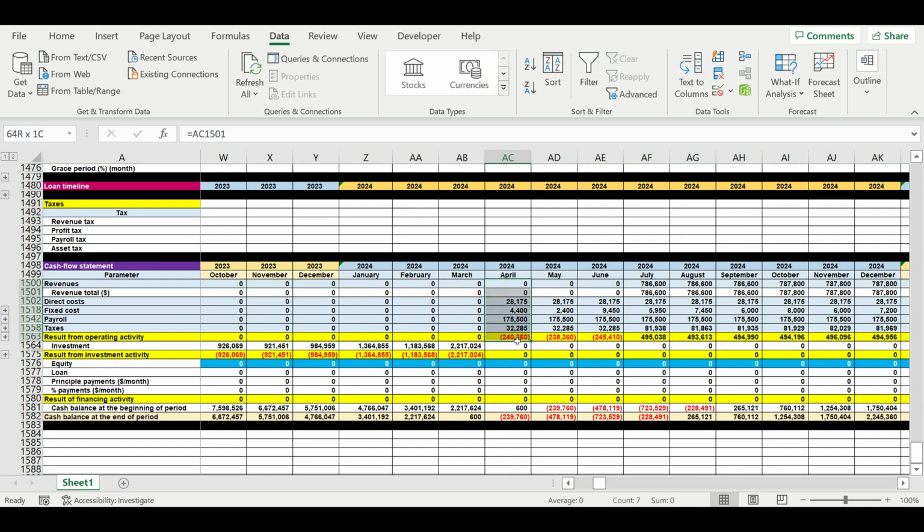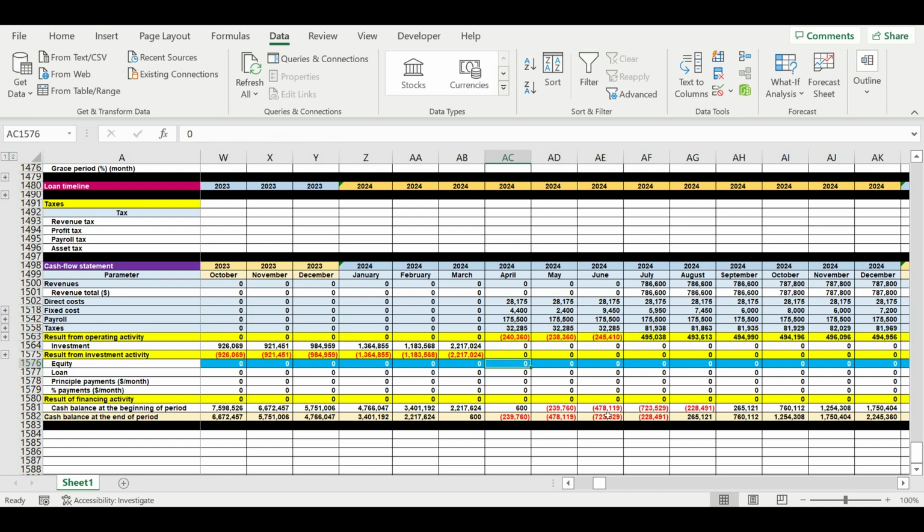Then we start an operating activity stage. This is the moment when we start operating activity. This is the moment when we found all tenants, and we also have some operating expenses, operating losses here. So these are the investment activity expenses, and here we have operating losses that we also have to finance before we get the first profit.